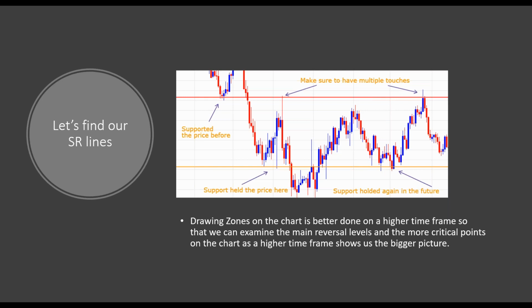You want to go back to a 1-hour chart, a 4-hour chart, a 2-hour chart, and find those levels that were critical, like we did in the presentation. Then you can move into a 15-minute chart and find more short-term levels. On a 15-minute chart, those levels might help you identify an entry and exit point. On the longer chart, it will help you identify whether you're going to go in the market and buy or sell.